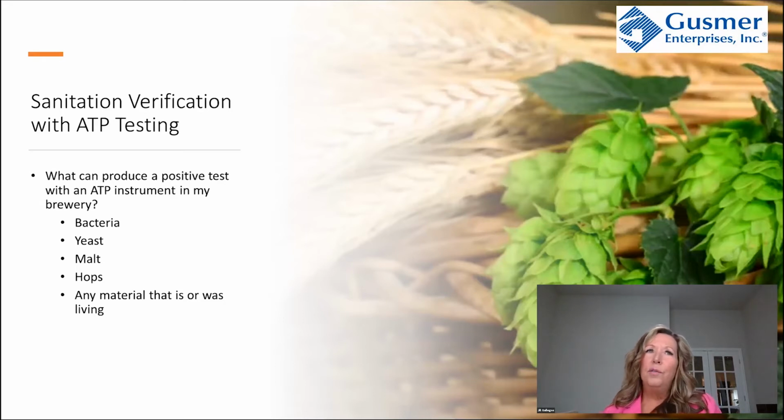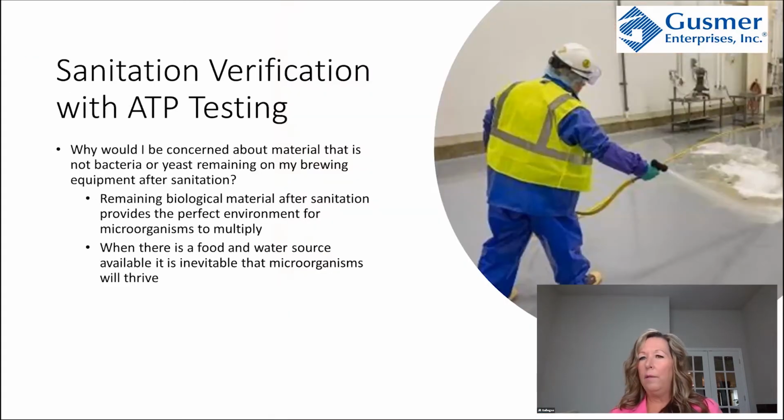So what can produce a positive test with my ATP instrument? Bacteria, of course, yeast, malt, hops, any material that is or was living. So why would I care if it's not yeast or bacteria on my equipment?